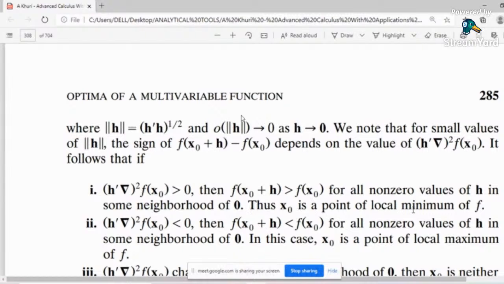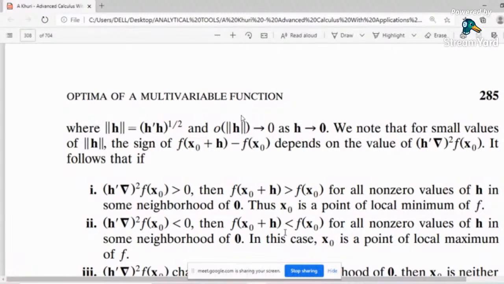Thus, x naught is a point of local minimum, because for all nearby points, f is greater than f of x naught. The minimum value is attained at x naught, that is f of x naught plus h is greater than f of x naught. So the minimum value is f of x naught.